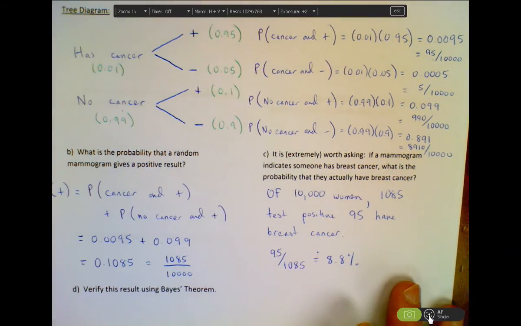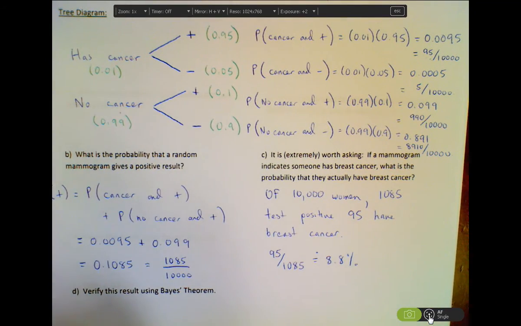That's actually a very powerful result. Think about what this says. This is saying that if you test positive for breast cancer, there's actually only an 8.8% chance that you actually have the disease because of just the nature of tests, false positives and false negatives.